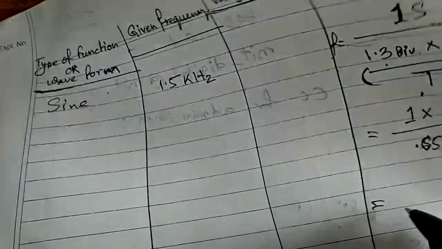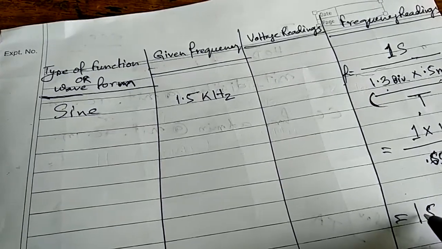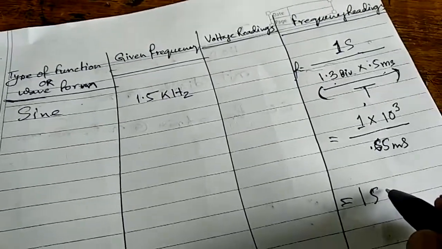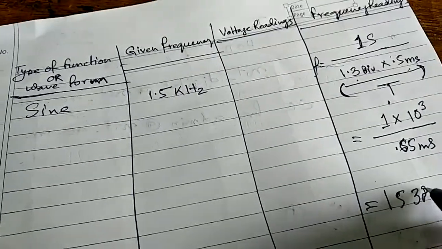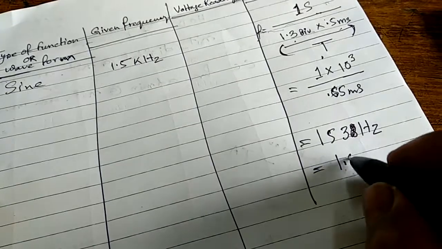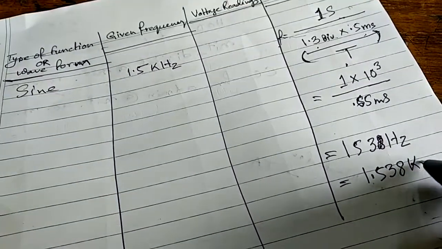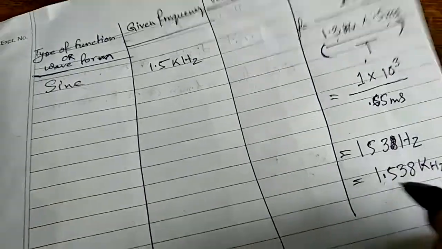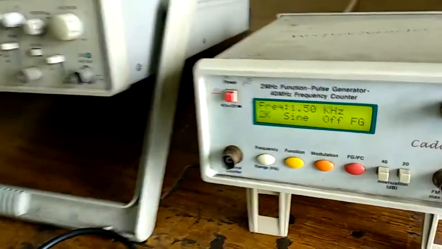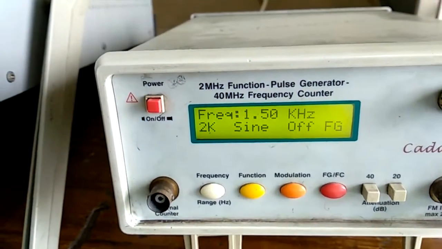After calculation we will get 1538 Hertz, or approximately 1.538 kilohertz. So it is almost the same as our generated frequency.